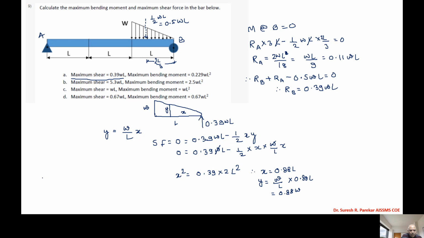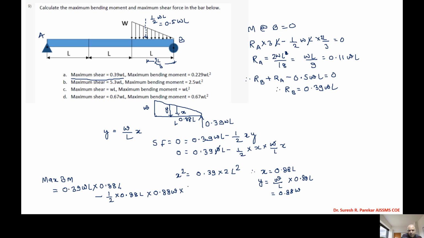And now the maximum bending moment we will get is equal to, due to the reaction, 0.39 WL into 0.88 L minus, due to this triangle having value 0.88 L, so this will be minus half x, we have 0.88 into L, y we have 0.88 into W, and the moment we have to take at this point.